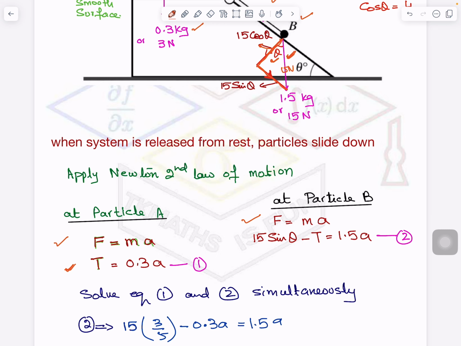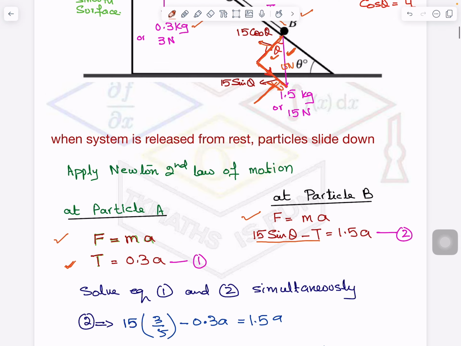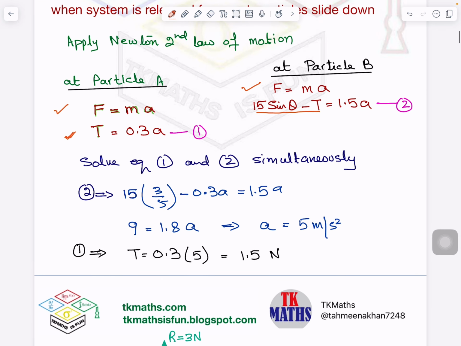Similarly for particle B, the forward force is this 15 sin theta, which is here, right? This is the forward force going downward, and the backward force is the tension in the string. So the resultant force will be 15 sin theta minus T equals 1.5A. Now you have two equations, you solve them simultaneously.